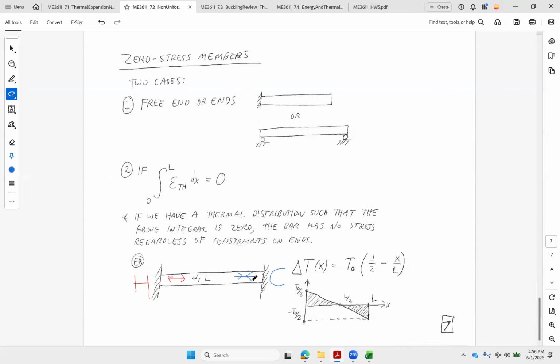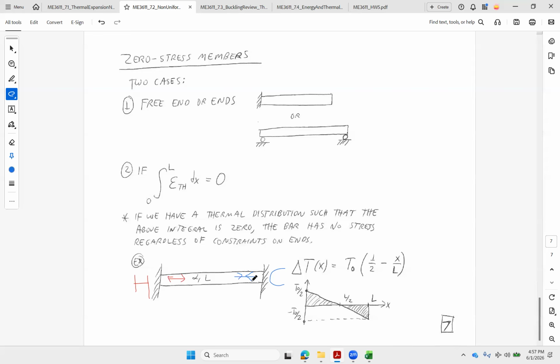And since this is a positive area and this is a minus area, if I integrate across here, I get this triangle minus this triangle, or 0. So however much this one stretched by on the side, it shrank by the same amount over here. If you have a case like that, then we can have zero stress even with the ends fixed.